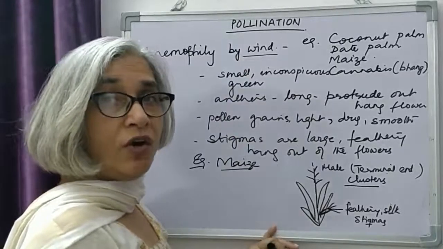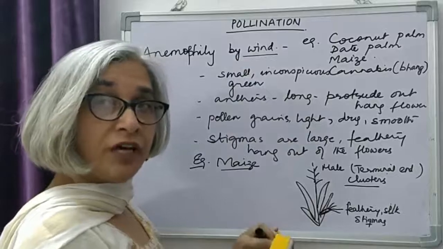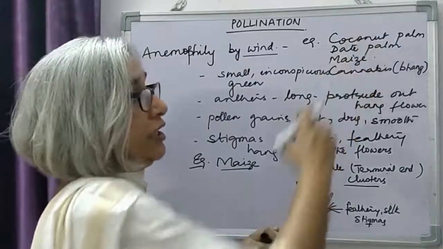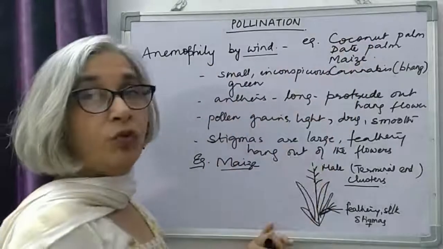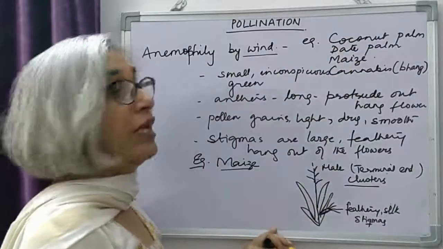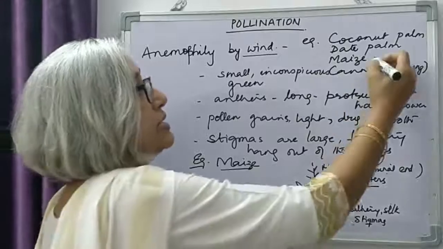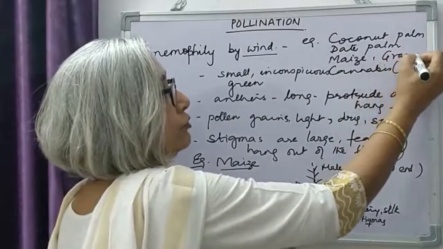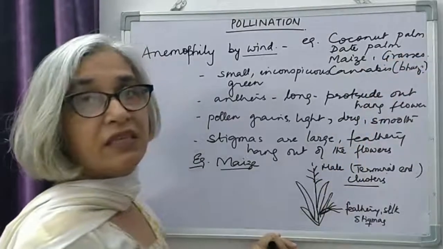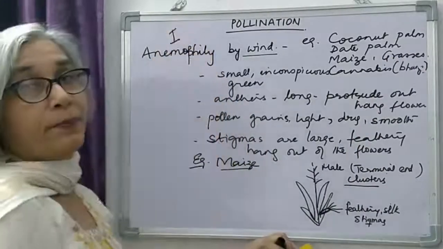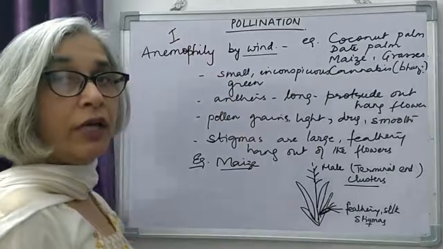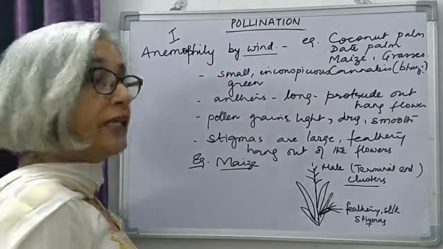These flowers are called anemophilous flowers and the pollination is called anemophily. Examples I have told you in coconut palm, in date palm, in maize, and in most of the grasses we see this kind of pollination. So this was one by abiotic agents, non-living agents.